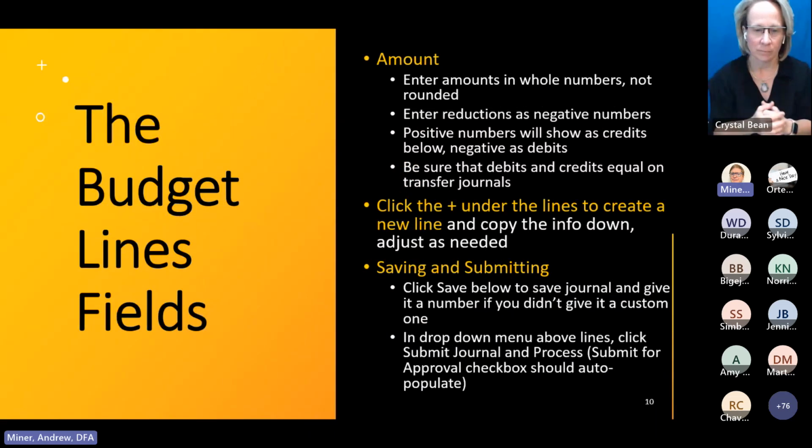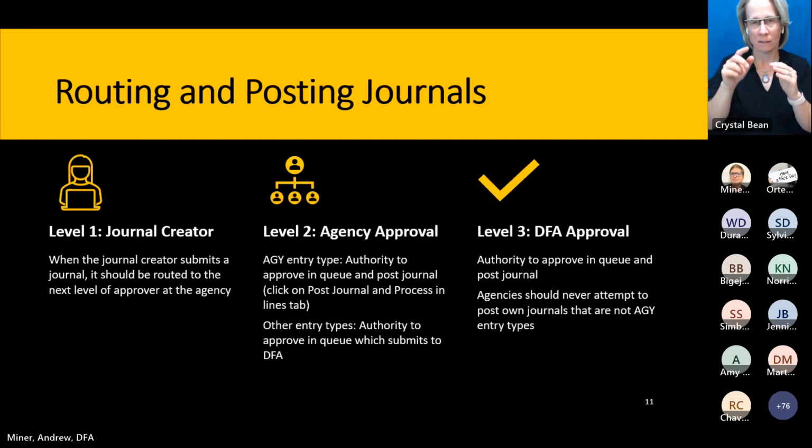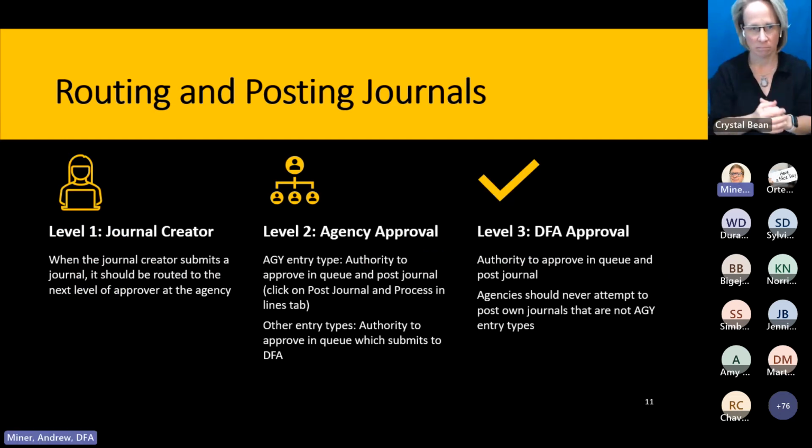Like I said here, the submit for approval checkbox should auto-populate. And so this is just some further notes on how journals get routed and then posted. We think of level 1 as the journal creator, the agency user that actually creates it. And then when you submit it, it should be routed to the next level of approver at your agency, right?